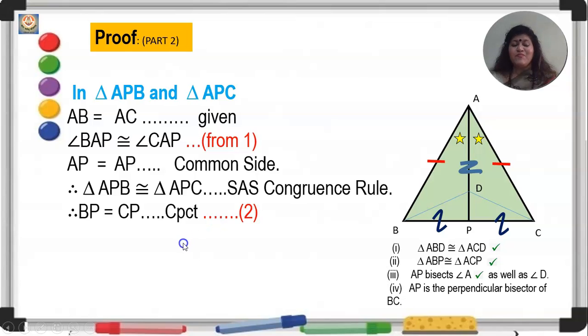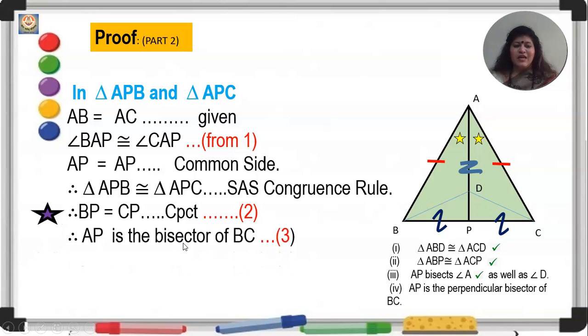Therefore, what we have proved from this, we have proved AP is the bisector of BC and we number this as statement 3. So students, what do you notice in this? That when we are proving the second part, at the same time, because of CPCT, the fourth part is also proved. Well, a part of the fourth part is proved.